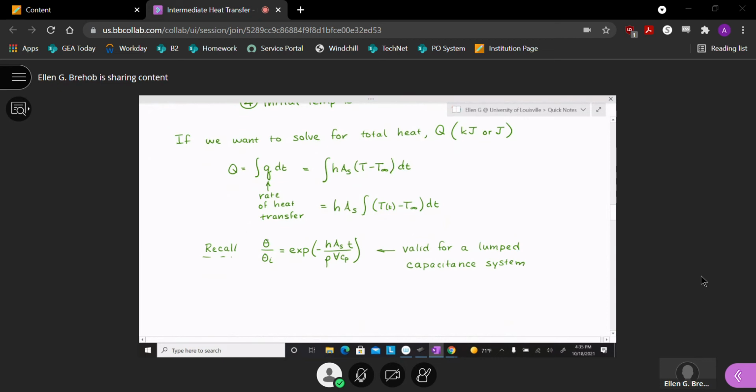And then reminding you that this theta, that's temperature changing as a function of time minus T infinity, over theta I, which I'm going to leave as theta I, but it's the initial temperature minus T infinity. Okay. And this is what we want to substitute into that equation.